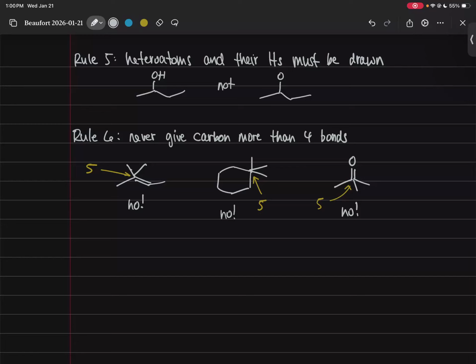When we start drawing arrows to show the movement of electrons, there may be cases where you try to draw a bond forming toward an atom that already has its octet of electrons, already has too many electrons, and so we'll talk about that when we get to resonance structures. But that's another spot where this rule can be broken.